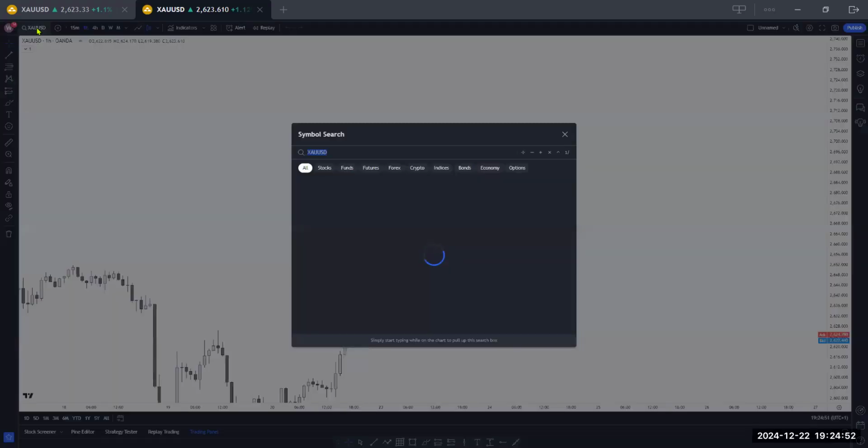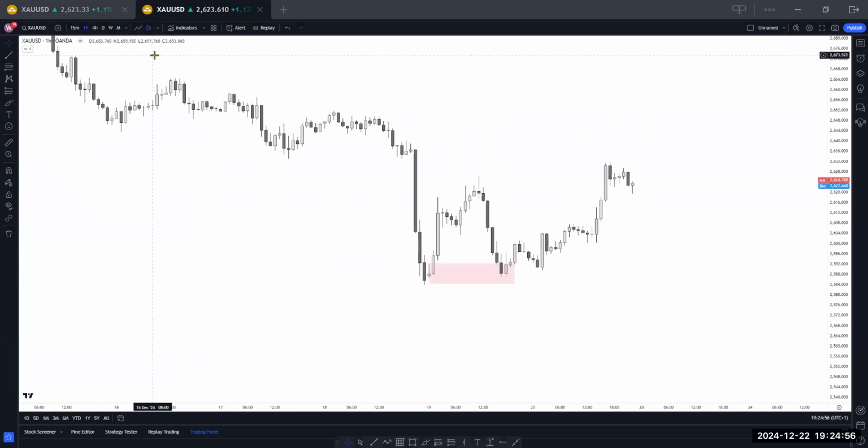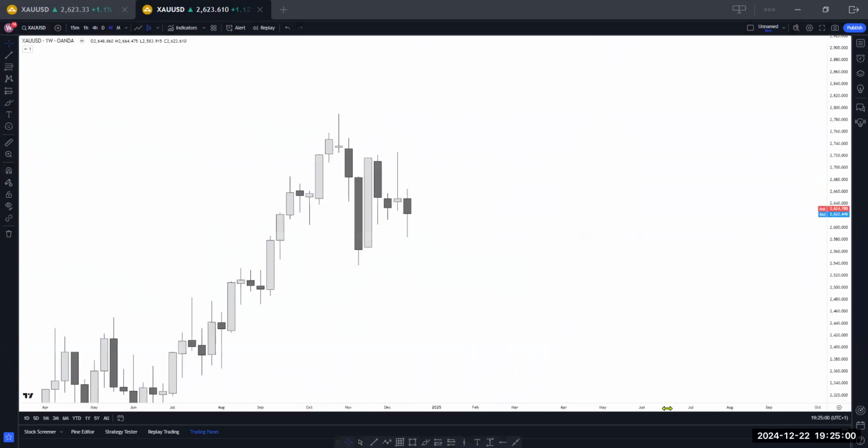So for liquidity, on the weekly, I said liquidity can either be based on time frame or based on structure. Based on time frame, we can have major or minor liquidity.